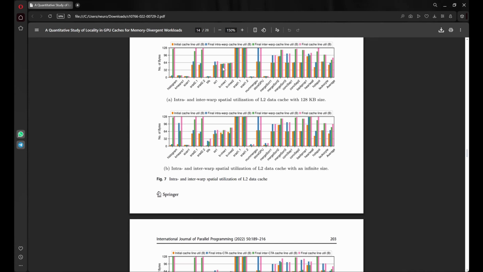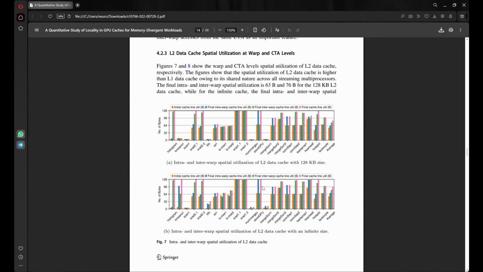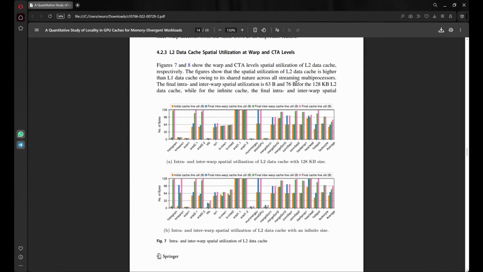Yes, you will see some anomalies like this one or these, but when they averaged it out, they found that the interwarp spatial utilization was 13 bytes more, which out of 128 is about 10% more, I would say.